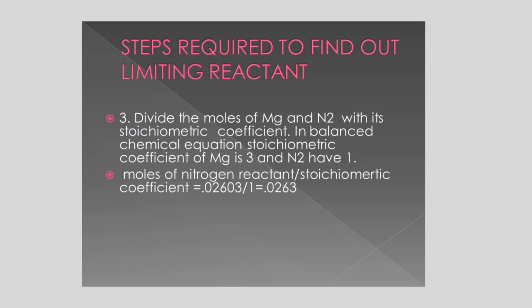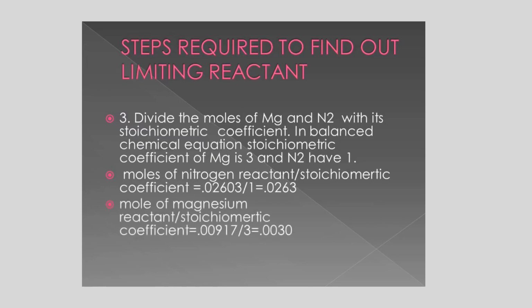The same way, the moles of magnesium divided by its stoichiometry coefficient give 0.0030. Now what happens next? Magnesium is in the lowest ratio. You can compare these two ratios. The magnesium is in the lowest ratio, so it is the limiting reactant.